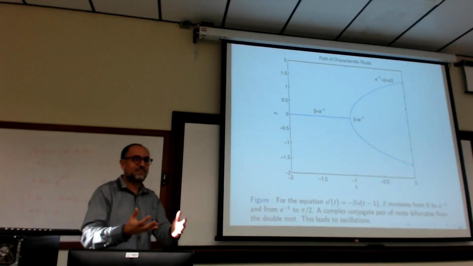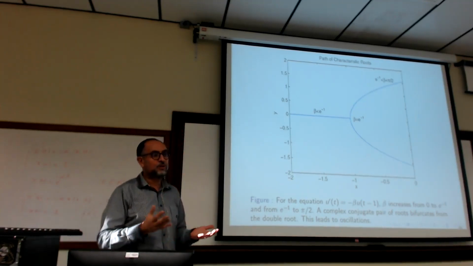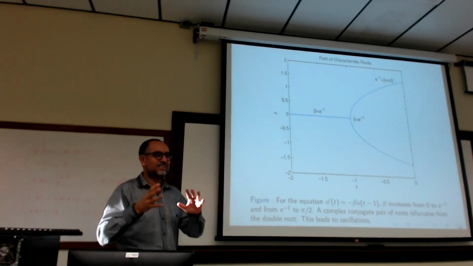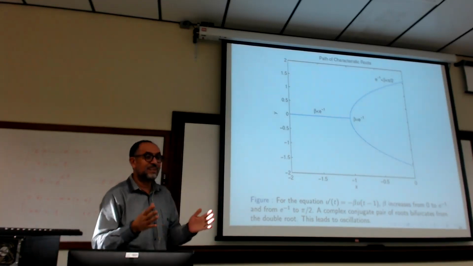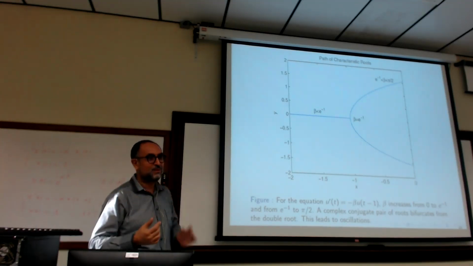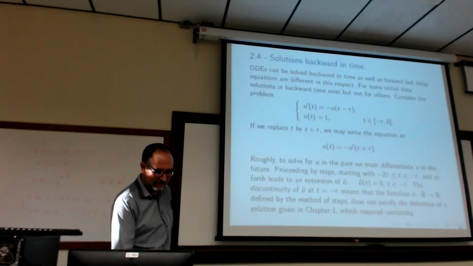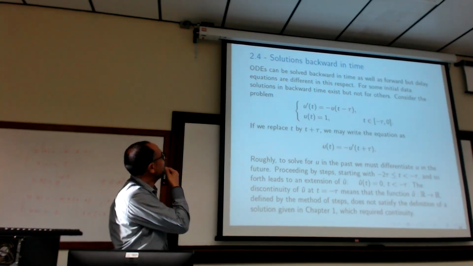If you have a state of the system, you know what happened, what was the state. For biology, it's difficult because the system follows many different directions, so you cannot know how it was before. This is the interpretation of the solution backward in time.